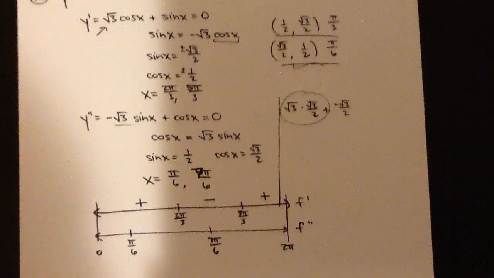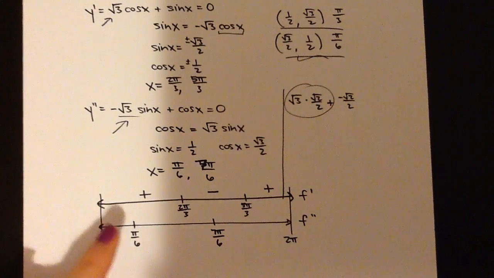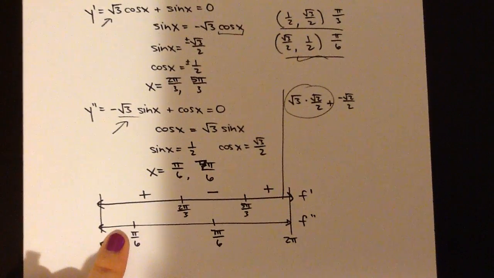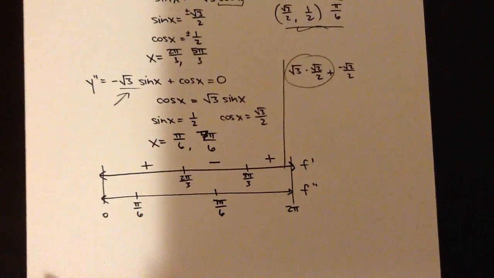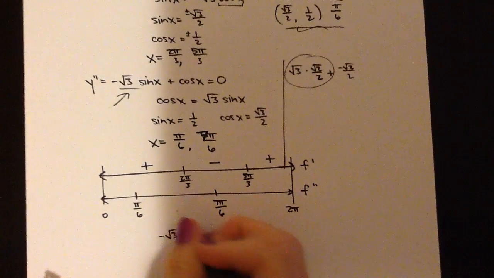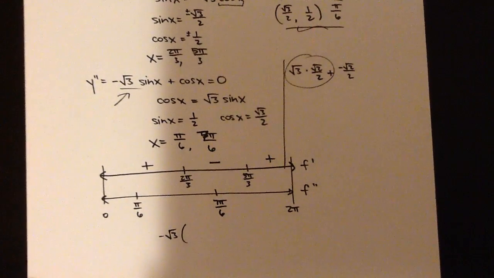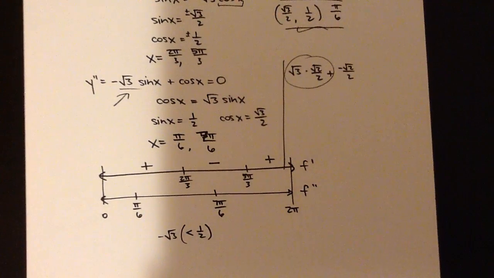Okay, then a sign chart on f double prime. Okay, so here is my second derivative. This one's kind of a bummer because this is really the first value that I know on my unit circle. But let's play around with this in here. So I have negative root 3 times sine. Sine of pi over 6 is 1/2. If I go lower than pi over 6, this is going to be something less than 1/2.